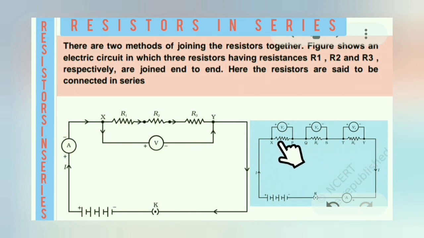That means voltage across each resistor is different. It depends upon the resistance of the resistor. The voltage across the first resistor V1 is equal to IR1, V2 is IR2 and V3 is IR3.